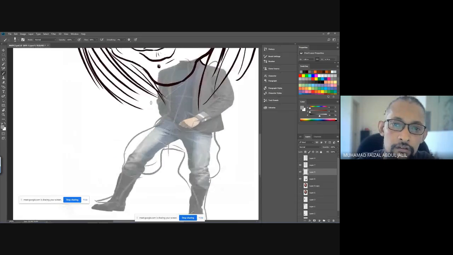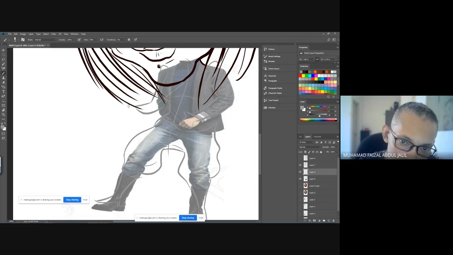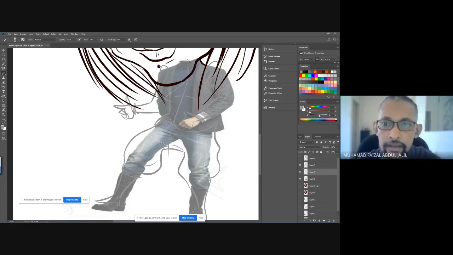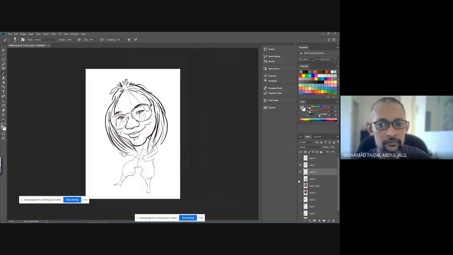Okay. So the next thing is right now, this body part over here, okay? I'm going to redesign there, okay? Her hands. See?